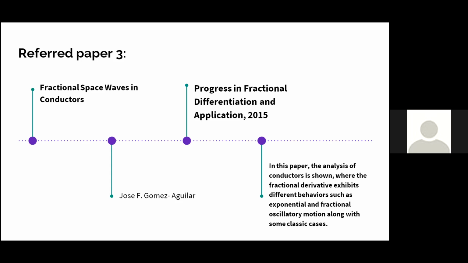In this case, different gamma ranges were studied for electric and magnetic fields, which exhibit an exponential behavior, and the displacement of the fractional oscillation motions was also studied. All these solutions were over a small range of parameters and are universally accepted.